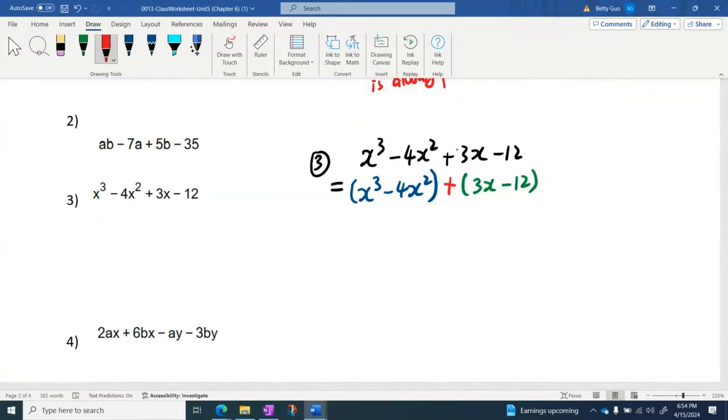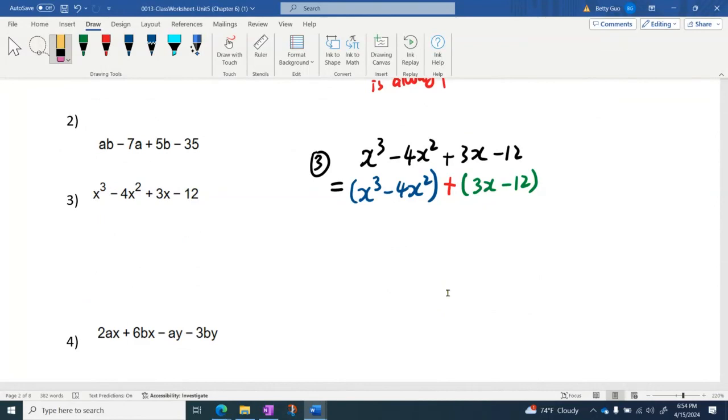Or you can think about this as cutting in half, 4 terms, right? Cut in the middle, and the first 2 terms are group 1, the last 2 terms are group 2. Be careful with the sign. And in our case, we have 2 groups colored in different colors, blue and green.